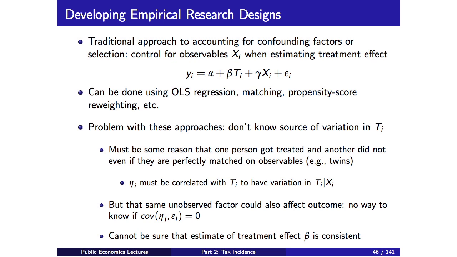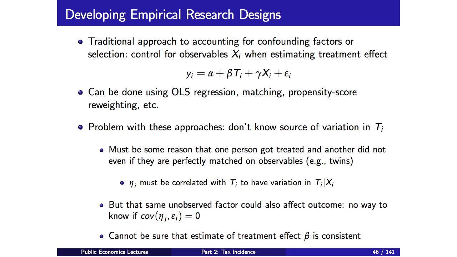So I include this vector Xi in the regression. When I regress Y on taxes T, the traditional response would be, sure, tax rates might vary across people in a way that's correlated with other factors, but I'm going to control for those factors directly when I estimate the treatment effect, right? And so then I get this coefficient gamma on that control vector, and supposedly the hope is that I get a consistent estimate of beta.